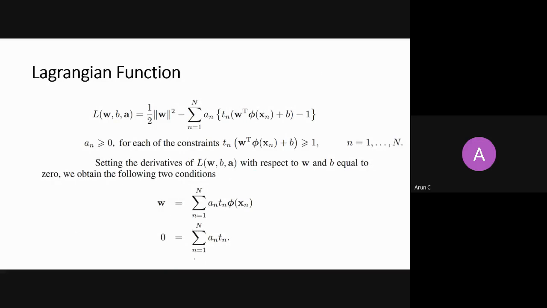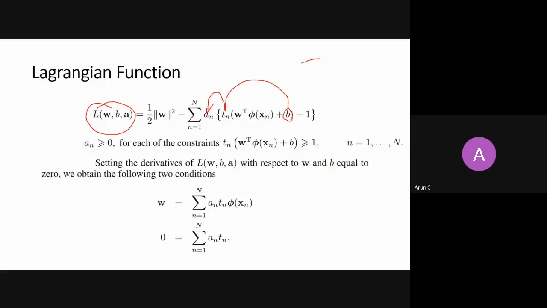So I will do this only for b, and you will see for w. I want to take a derivative of this Lagrangian with respect to b. So the b term is only where this b is multiplied by t_n and which is multiplied by a_n, right? So how can I write it?